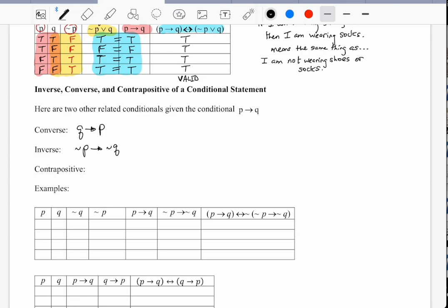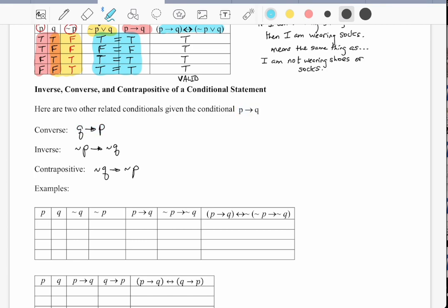You switch them and you negate them. So the first one and the second one are not equivalent to the P then Q. It is not the case that we have a valid argument if we were to say that this was the same as this.